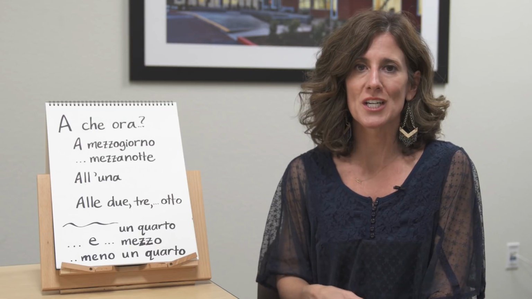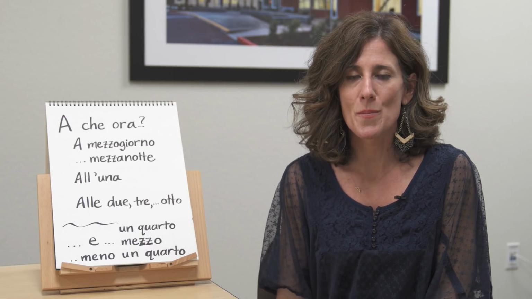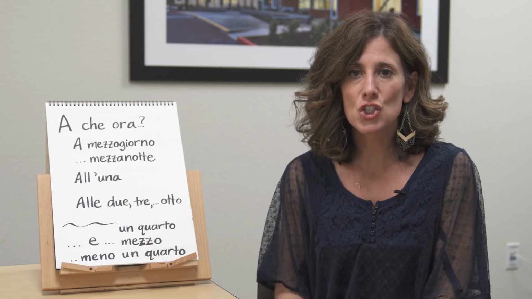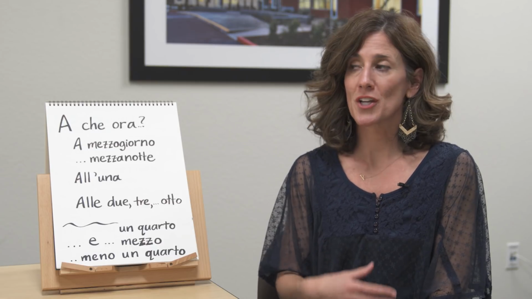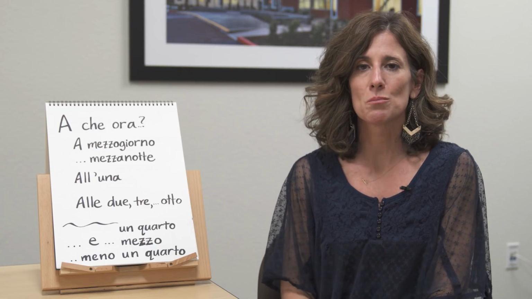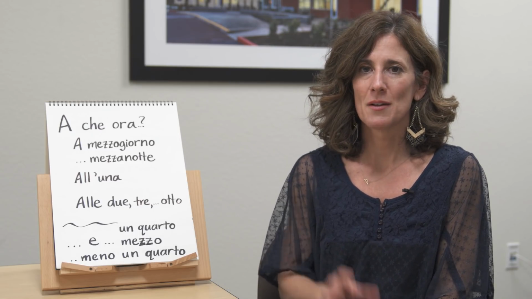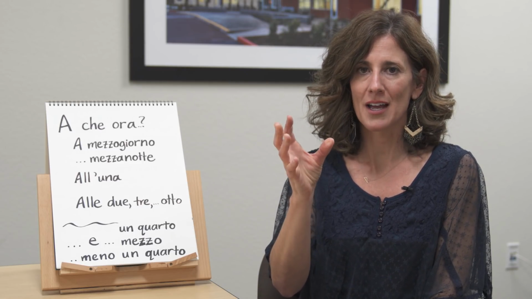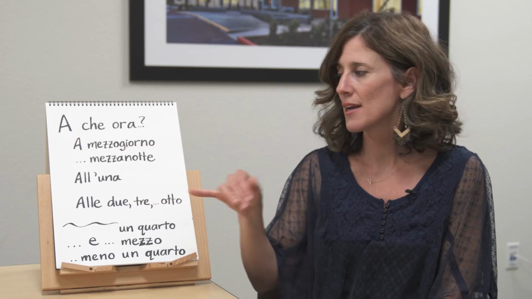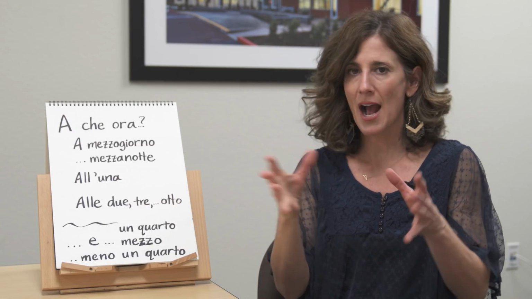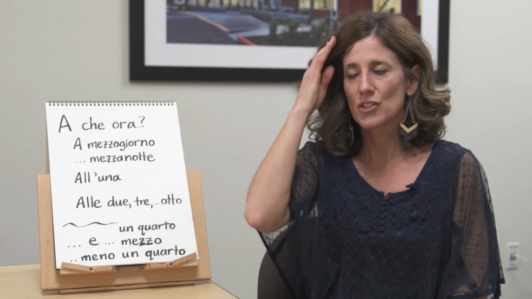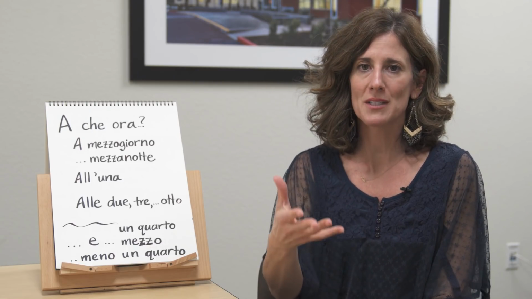So the word for noon is mezzogiorno. If something happens at noon, you simply say a mezzogiorno. Mezzo is half, mid, and giorno is day. The same thing with midnight, it's half night, just like in English, okay? So if it's at midnight, you say a mezzanotte.